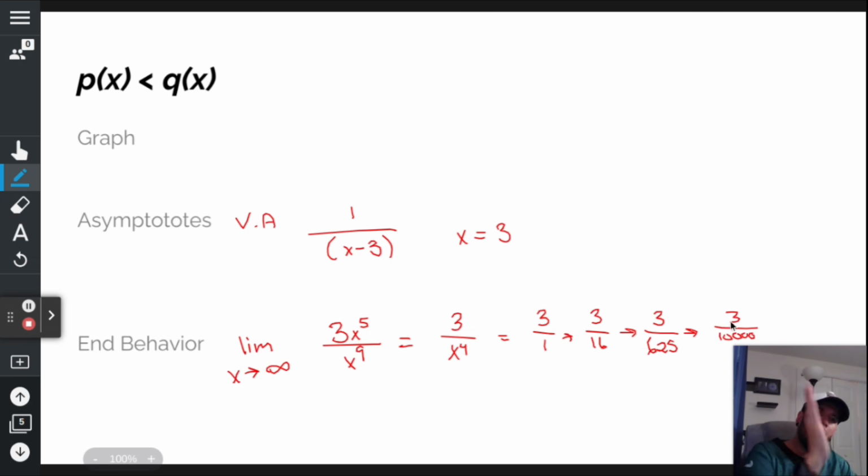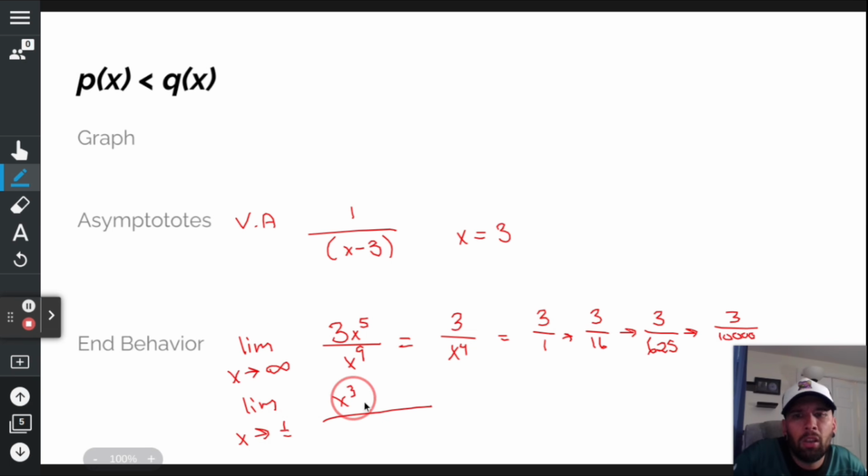So anytime my x gets bigger, my number as a whole gets much, much smaller. And this guy is 3 10,000ths, 0.0003. So when I only plug in 10, imagine what would happen if I plugged in like 1,000. Our number is basically going to be 0. So whenever we ask for the limit as x approaches positive infinity or negative infinity, it doesn't matter what we have up here.